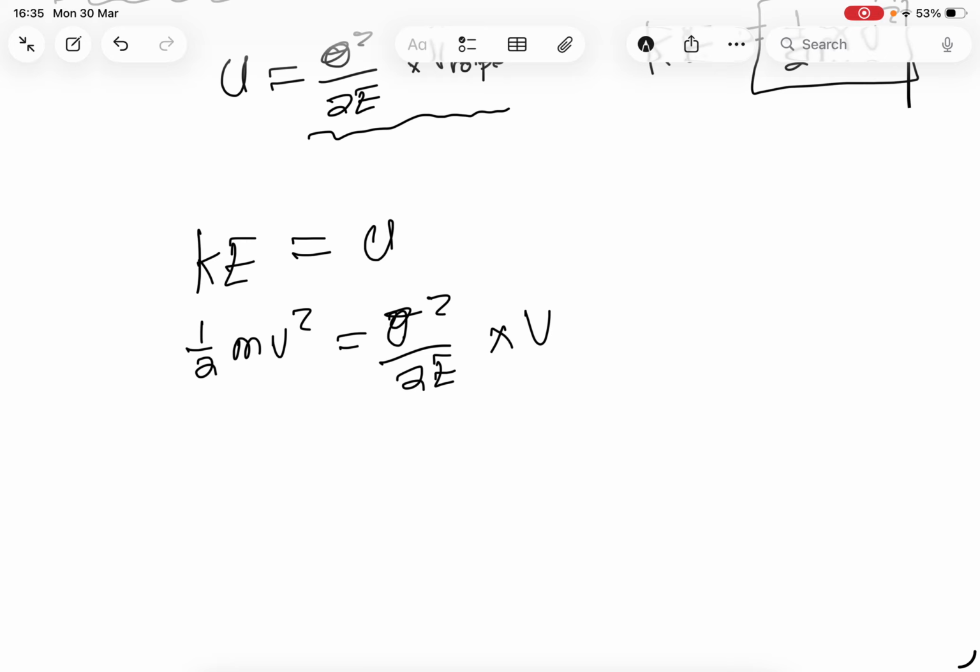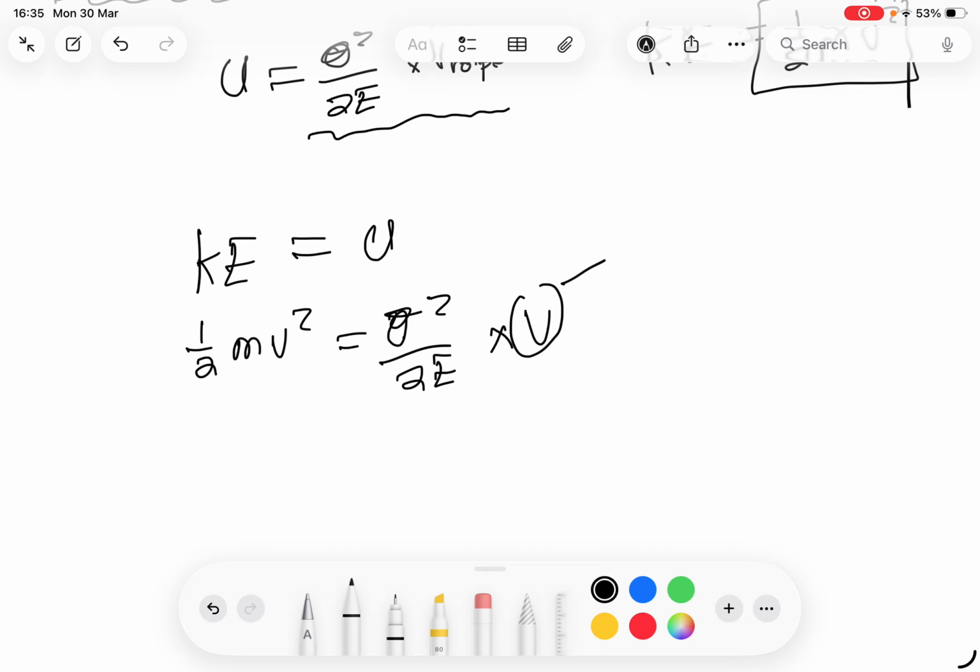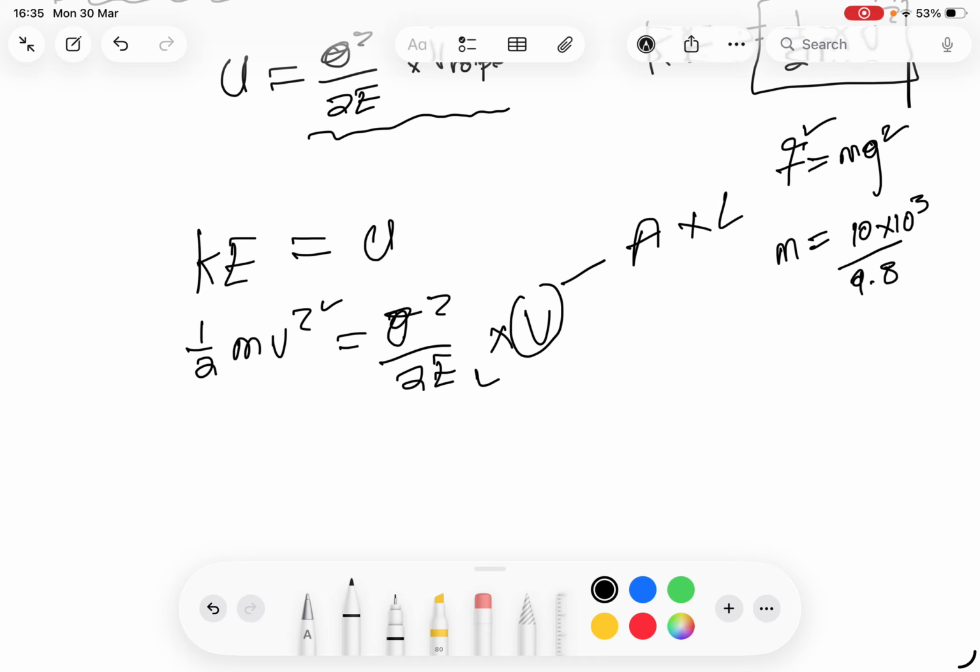We want the stress. The volume is sorted because we have area times length. E is sorted and v is given, but the mass is not. From high school we know F equals mg, and I'm given the force and the gravity, so my mass is 10 times 10 to the 3 over 9.81.